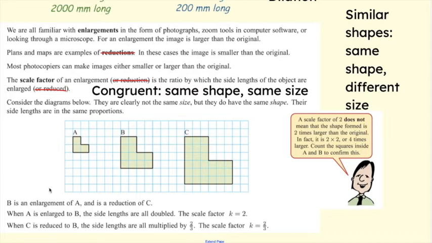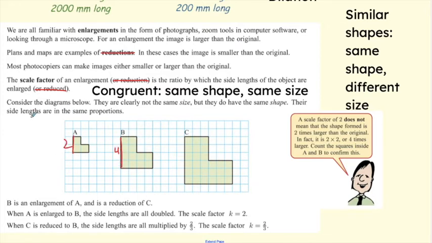So how do we figure this out? If we read here, they give us the information. When A is enlarged to B, the side lengths are doubled and the scale factor is 2. If I take this side right here, I have a side of 2. But if I look at B, I have 1, 2, 3, 4.